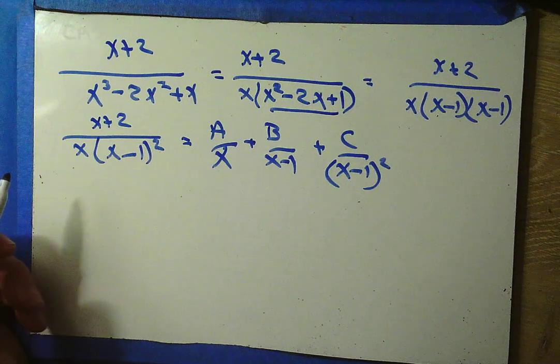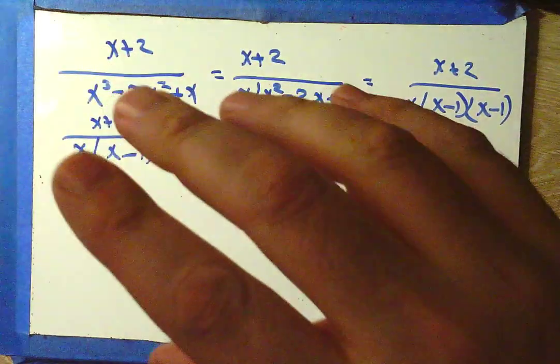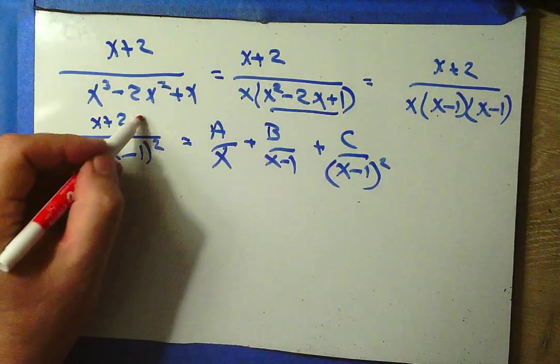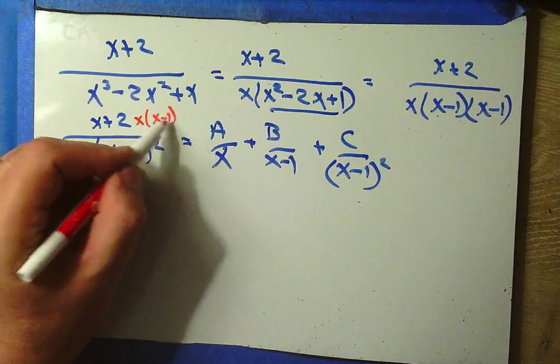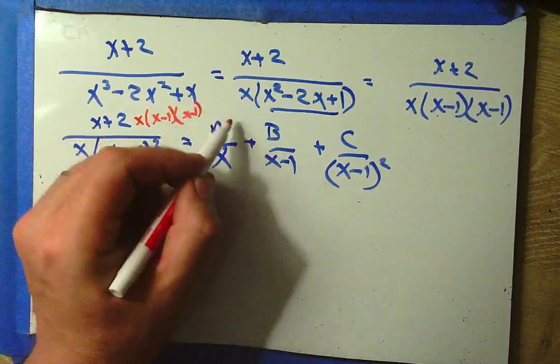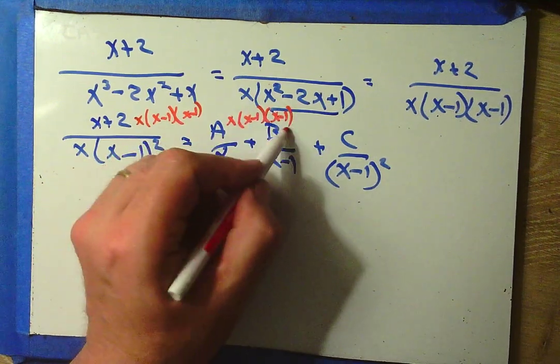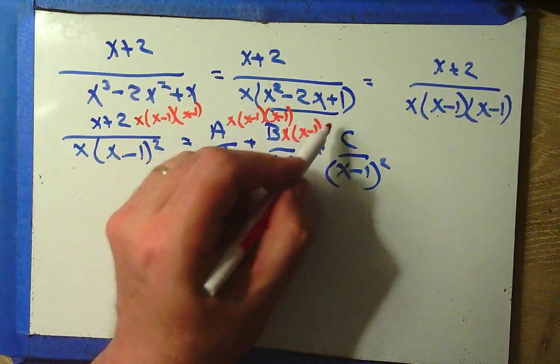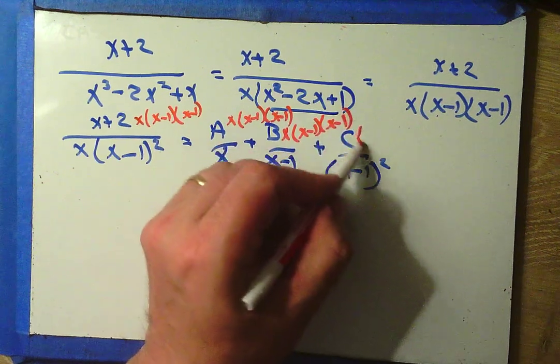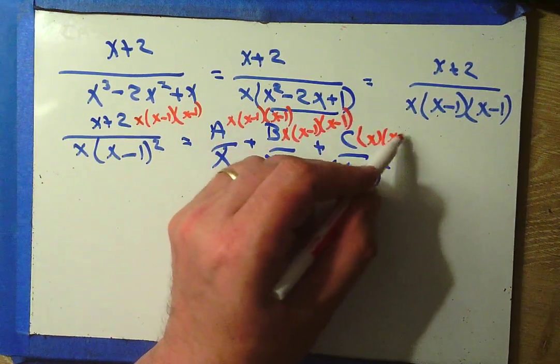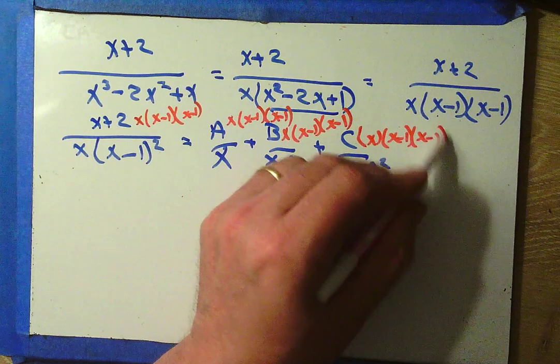So then the process is the same. We multiply everything by the least common denominator. Here it would be x minus 1, x minus 1.